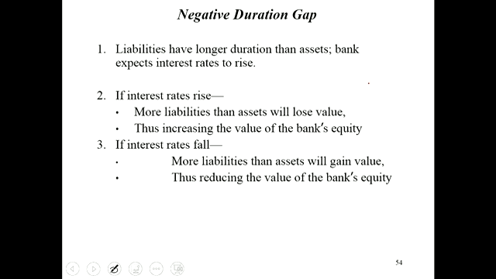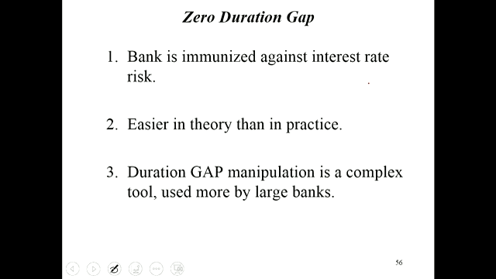So this was a picture. There's a negative one, basically the other way around. We said all that sort of stuff. There's a really beautiful picture. If you can manage a zero duration gap, then basically the value of your equity doesn't change as the interest rate changes.